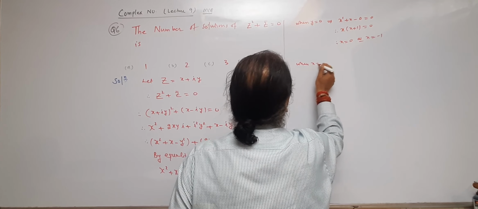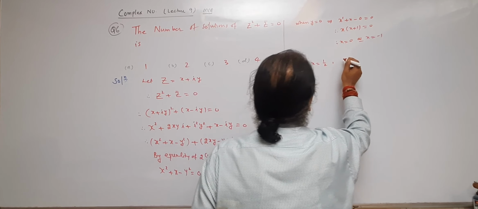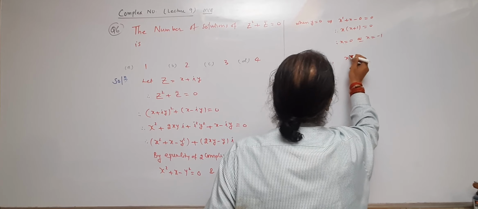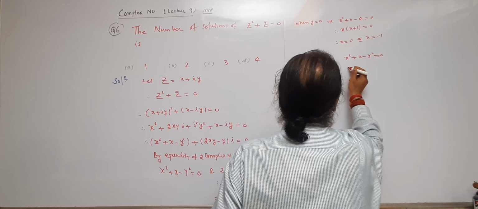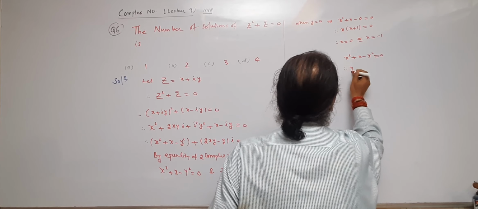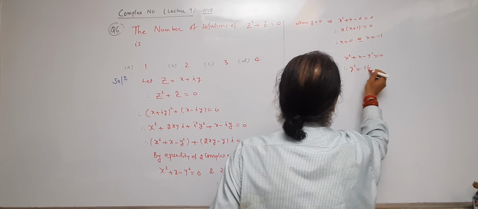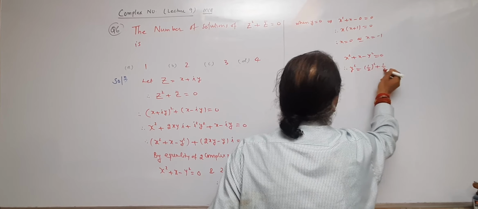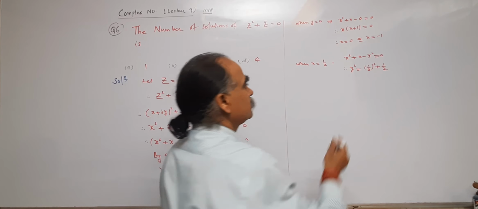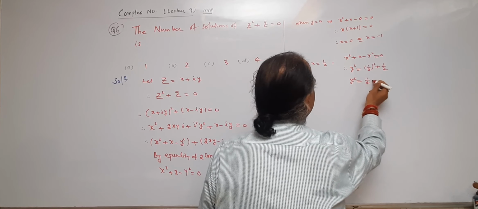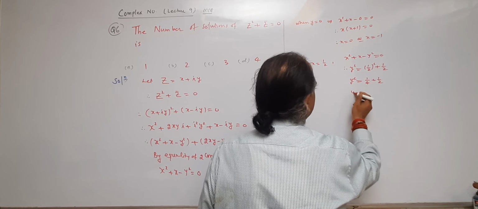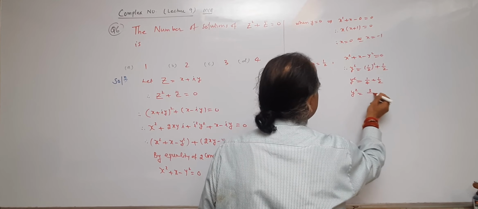When x is half, then x square plus x minus y square is equal to 0 will become y square is equal to (1 by 2) square plus 1 by 2. So y square is 1 by 4 plus 1 by 2, y square is 3 by 4.